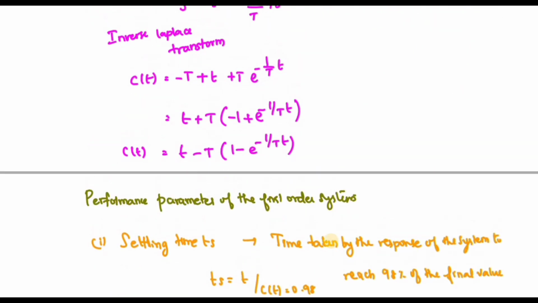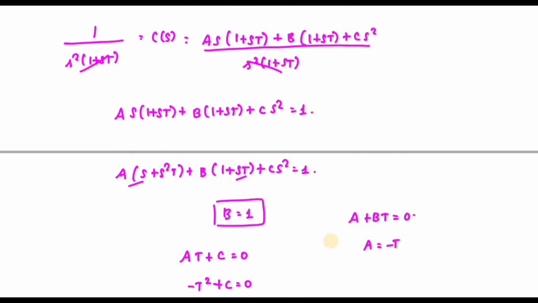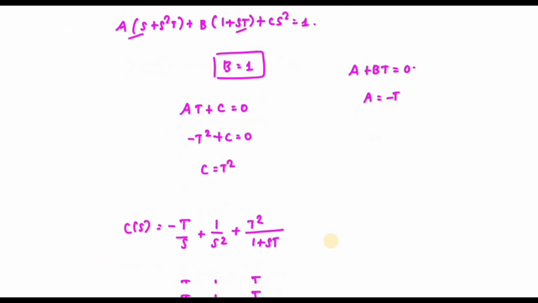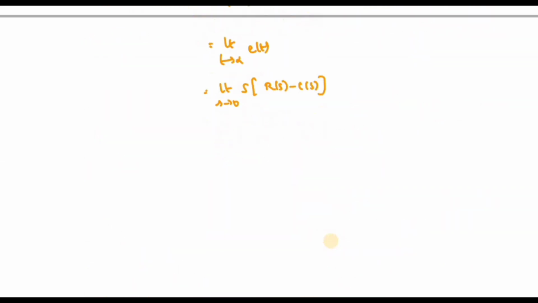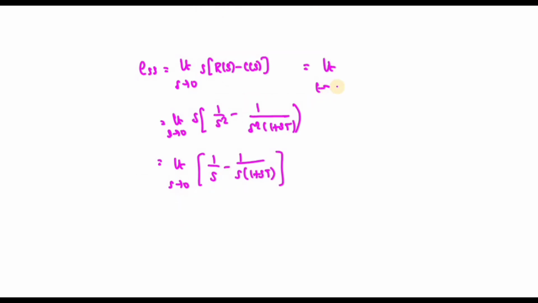So for this system, we have obtained the value of c of t and r of t, right? So for the unit ramp signal, what is my steady state error? You substitute in the above equation: limit t tends to infinity of r of t minus c of t.